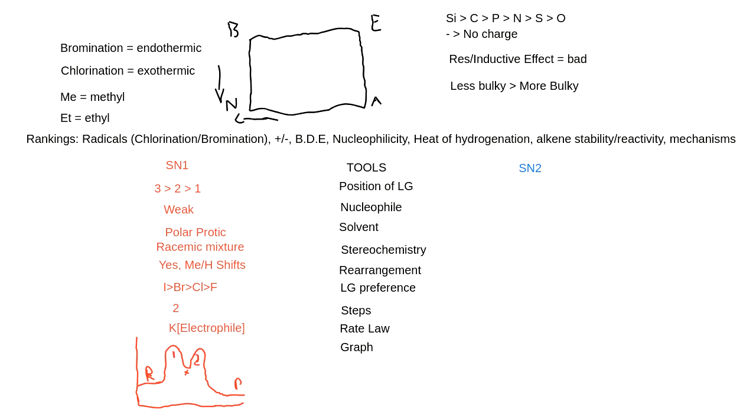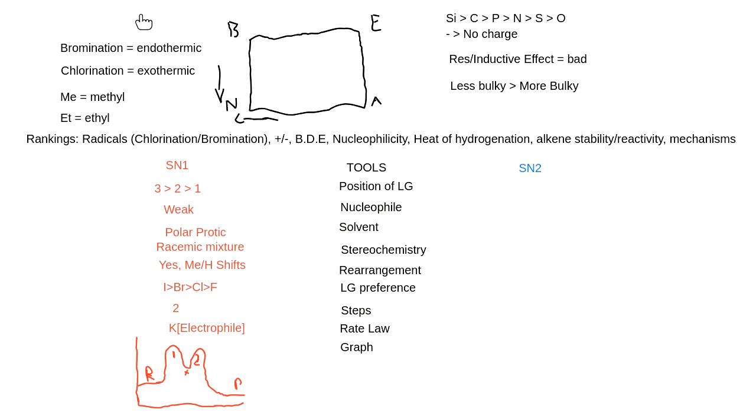Once again, SN1 has an intermediate, and that intermediate is the leaving group leaving and the carbocation forming. The formation of the carbocation is your intermediate, and SN1 has 2 transition states because it has 2 steps. The rate law is dependent on the electrophile.